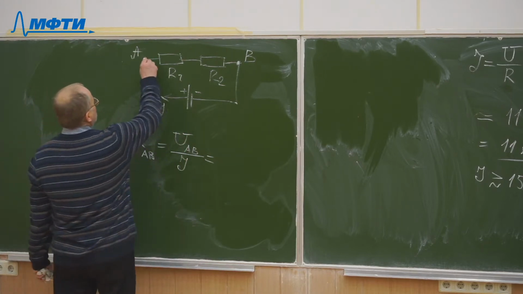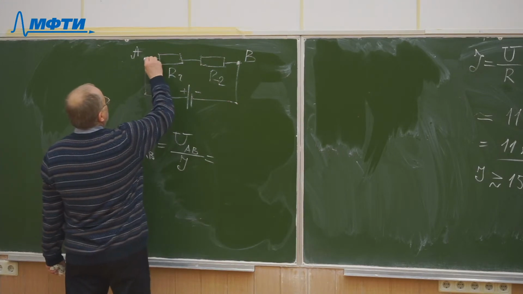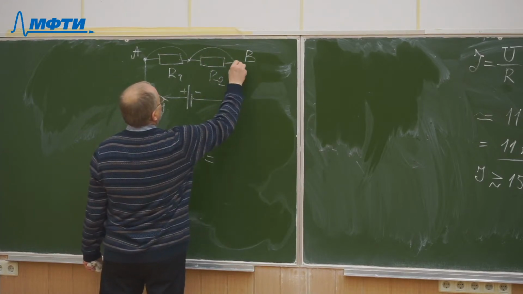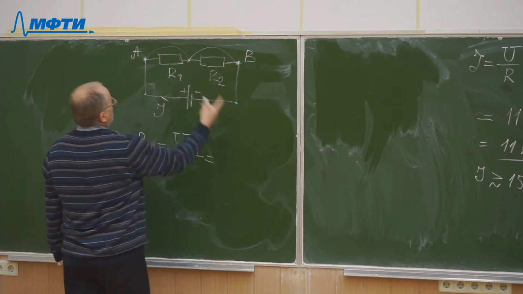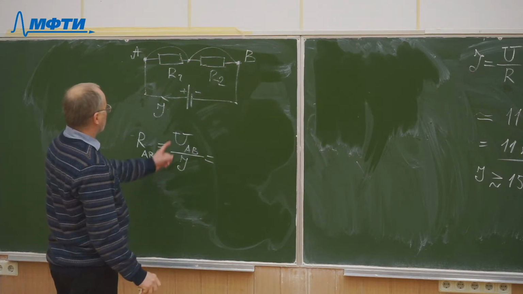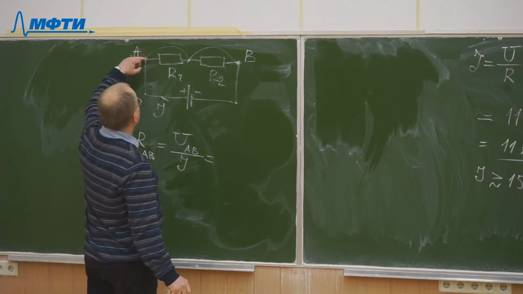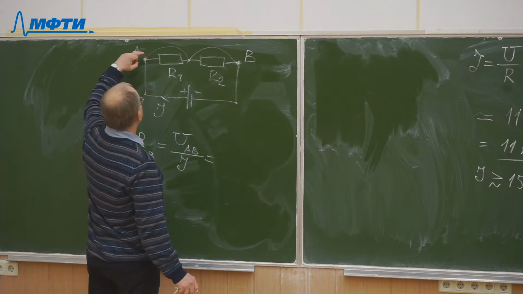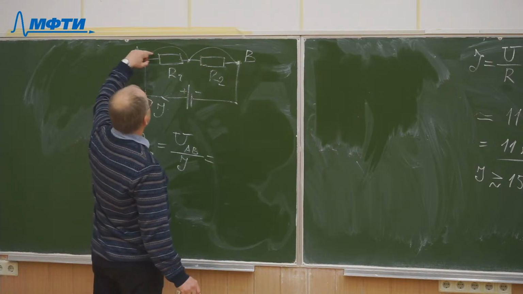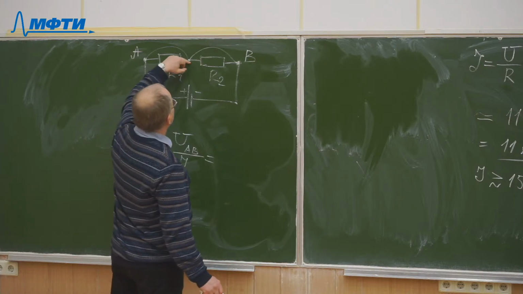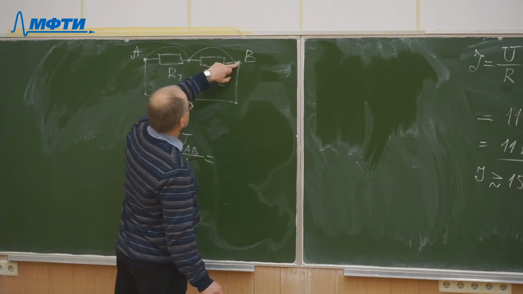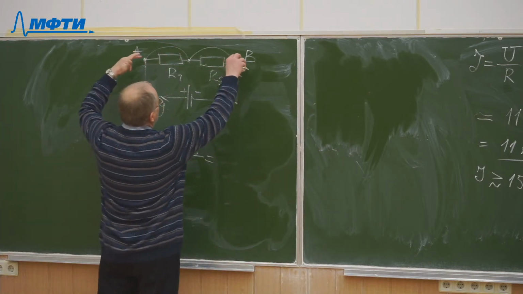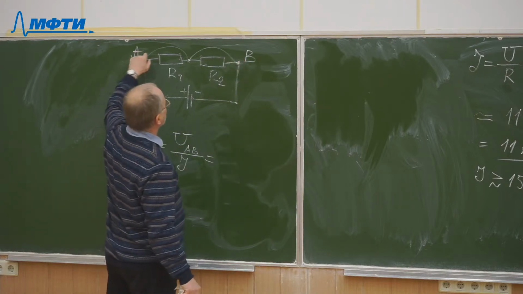And the potential difference between points A and B is equal to the potential difference on the first resistor plus the potential difference on the second resistor, because the potential difference is defined through the work produced on moving some charge. The work produced to move the charge from this point to this point, and then from this point further to point B, in total will be just equal to the work which you produce when you move the charge from point A to point B.